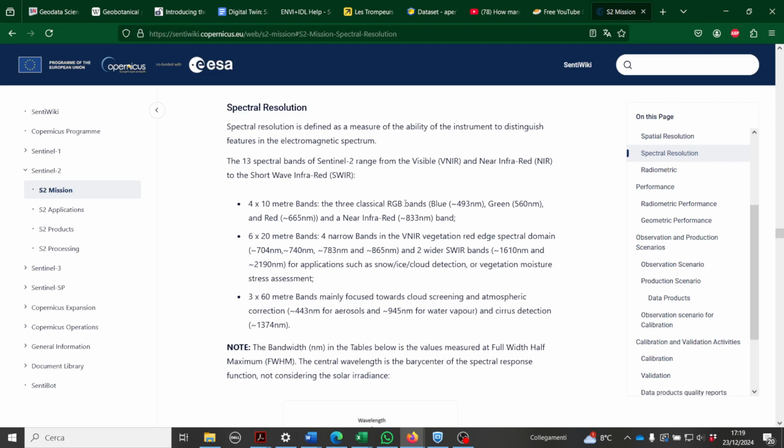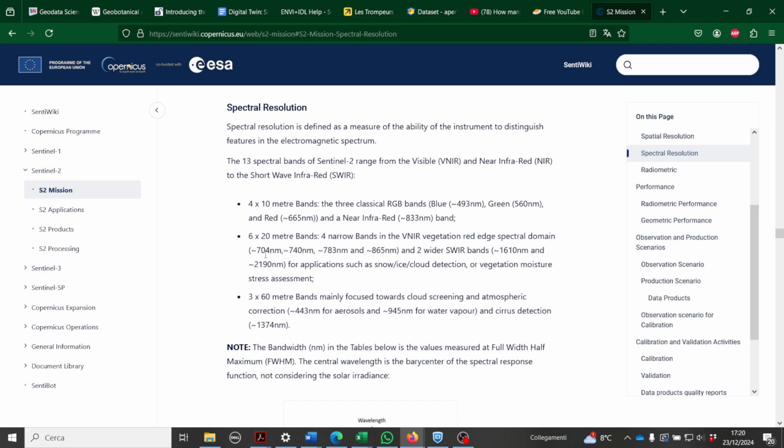0.83. Then we have 6 different bands at 20 meters that are more narrow bands, and you can understand why. These are divided in the different parts of the electromagnetic spectrum, in particular they are calibrated for the vegetation red edge spectral domains that you see.